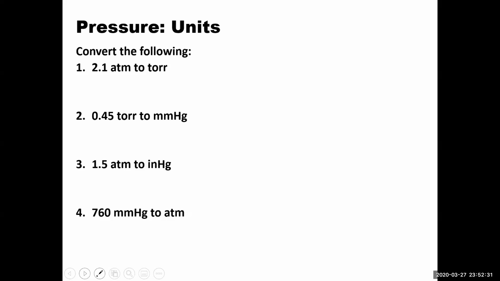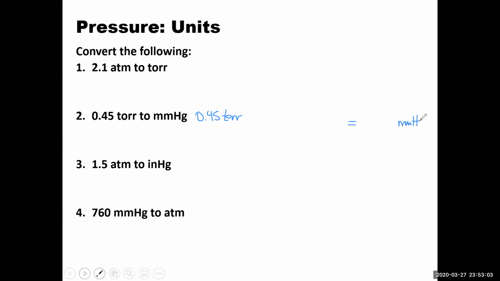So for number 2, we have 0.45 torr, and we want to convert that into a certain amount of millimeters of mercury. So we start off with our 0.45 torr, and we know we want to convert that into units of millimeters of mercury.